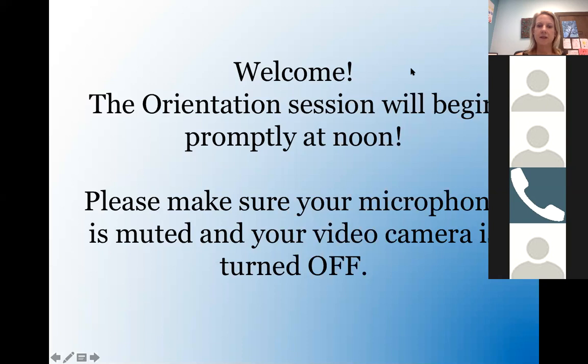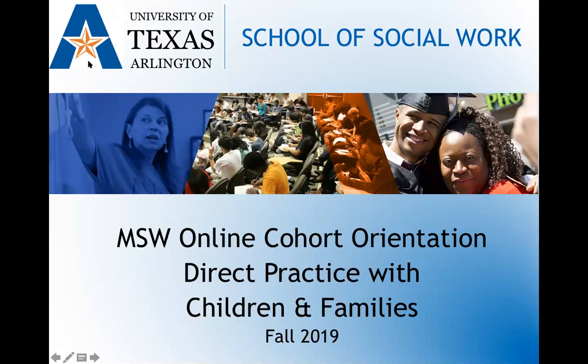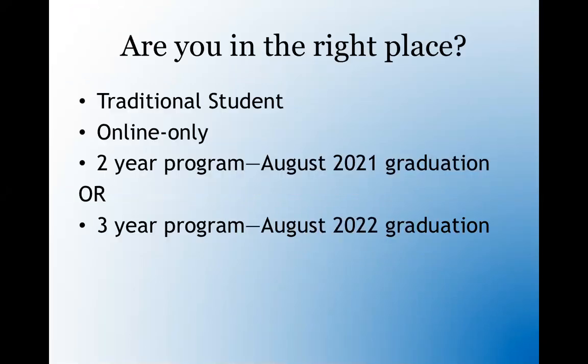So now on your screen, you should be seeing a PowerPoint presentation that says MSW Online Cohort Orientation, Direct Practice with Children and Families. So first, let's make sure that you are in the right place.